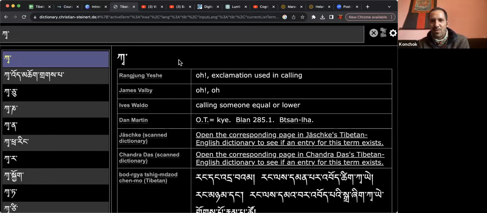I guess it means oh. Exclamation used for calling, oh, yeah. So that's the meaning of ka with a wasur. So this is the way we would use a dictionary.